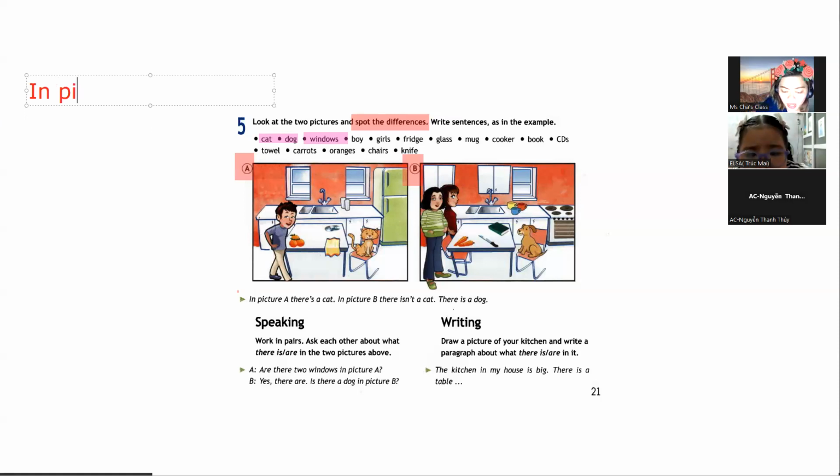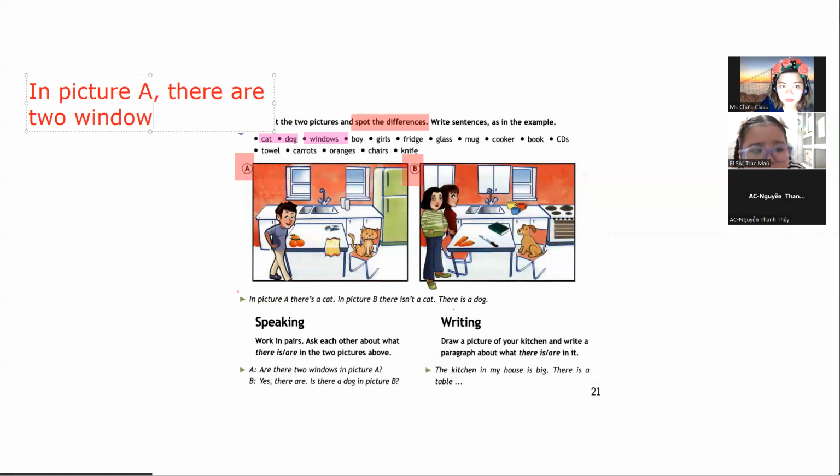It says in picture A, what did you just make? You say there are two windows.